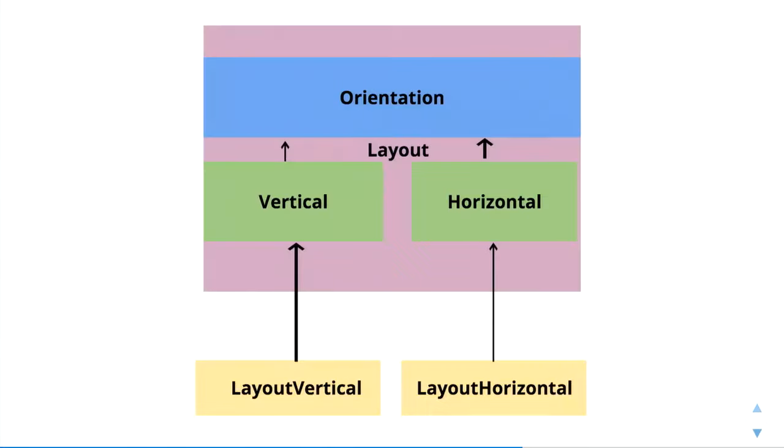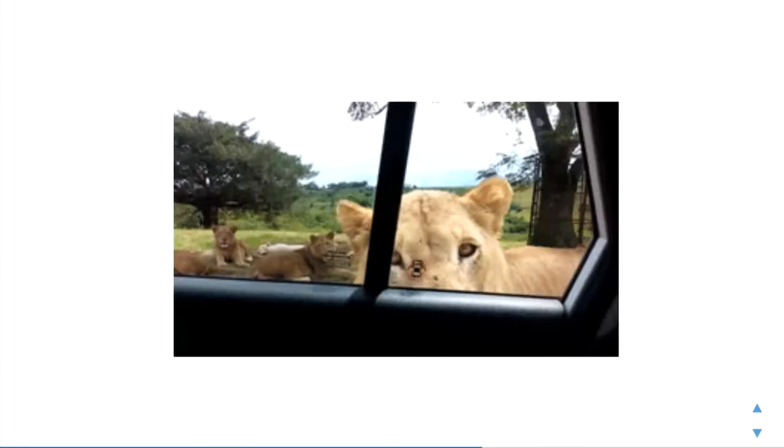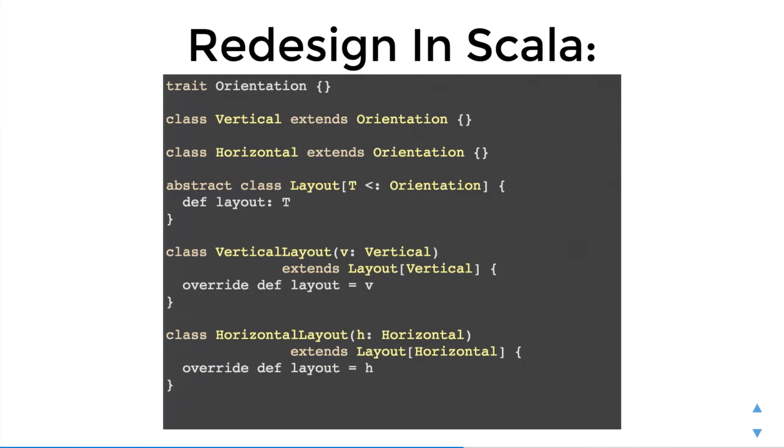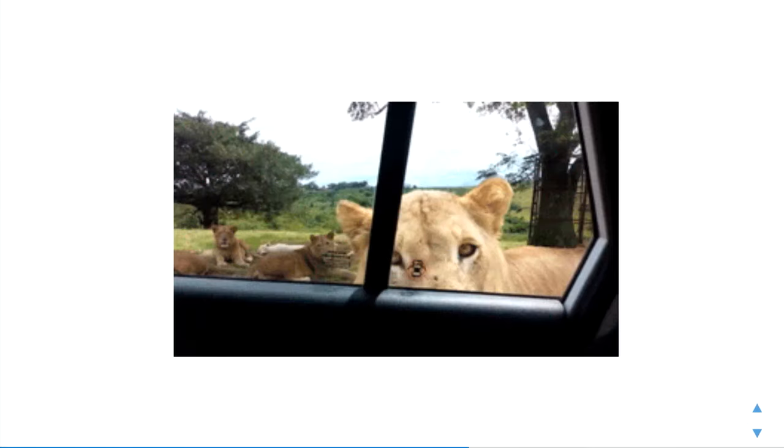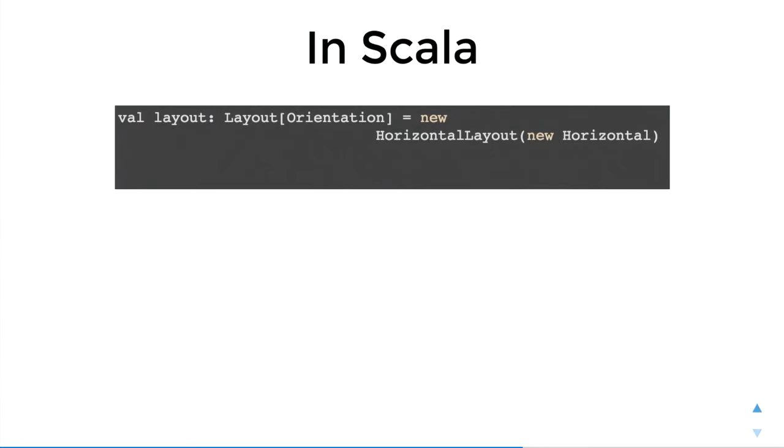However, if we get tied to this previous code here, where we have this layout receiving a type T, something interesting is going to happen. It probably makes sense in terms of domain, assigning the type of layout orientation and actually instantiating a horizontal layout, correct?